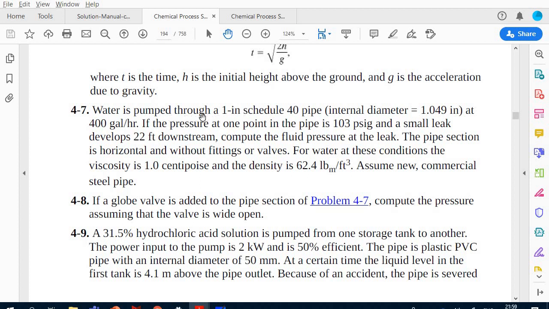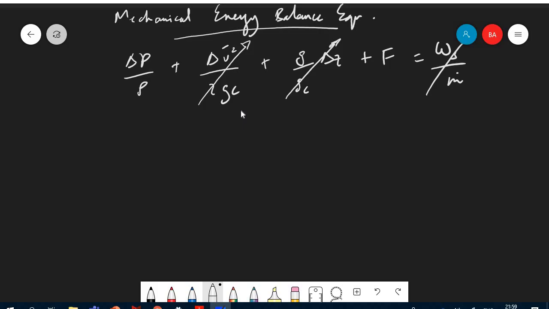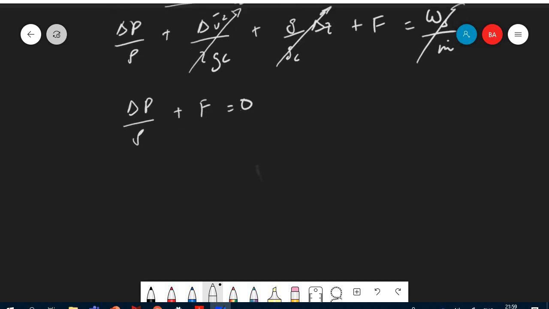So we can say there's no change in the velocity. This will be reduced more: delta P over rho, not dP over rho, because we are talking about incompressible, which is liquid.